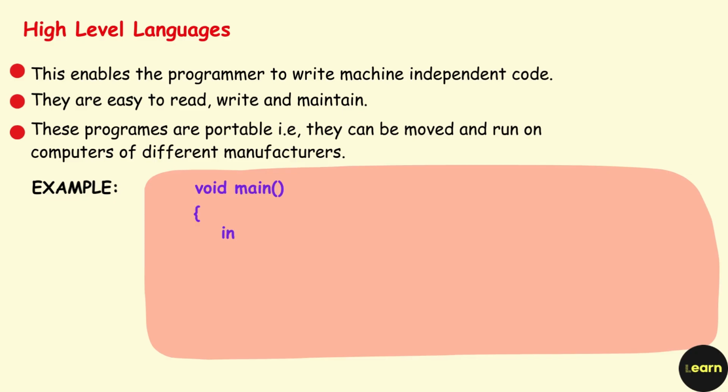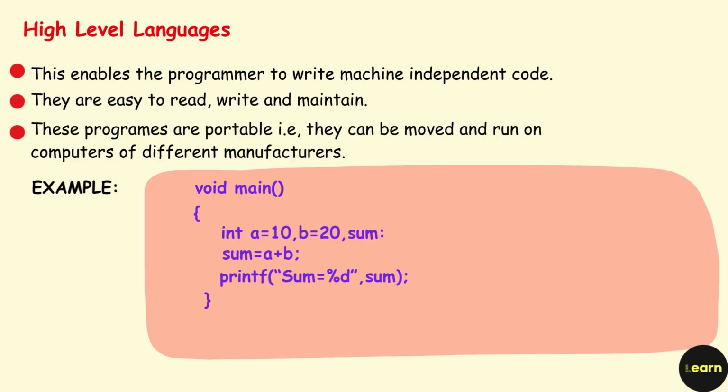Void main, int a equals 10, b equals 20, sum. Sum equals a plus b, printf, sum equals %d, sum. For easy understanding of the language, comments will be written beside the program.